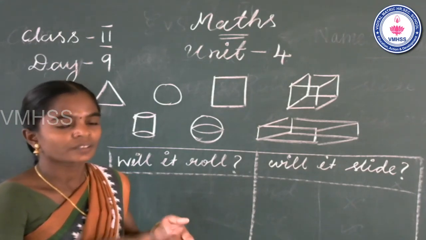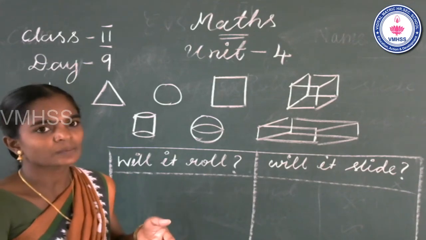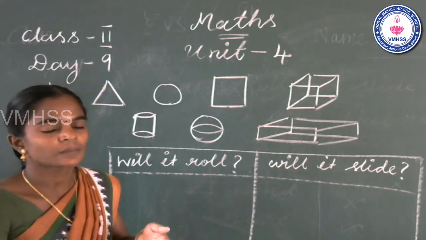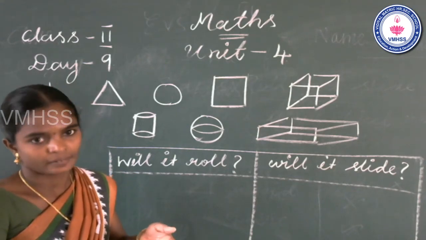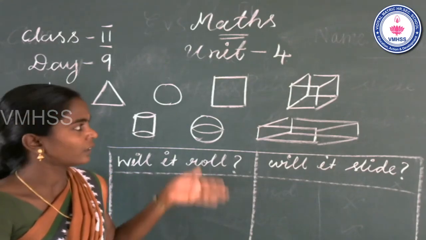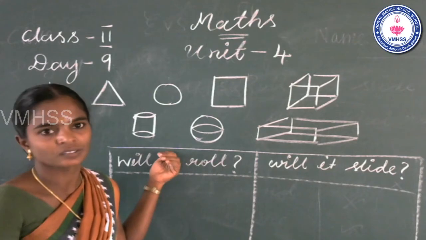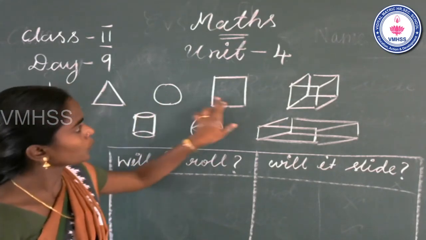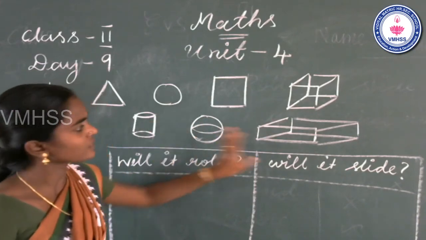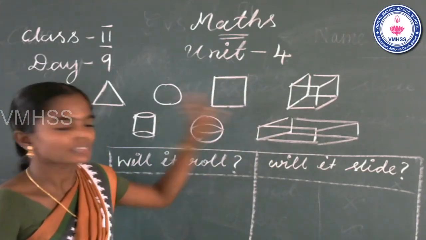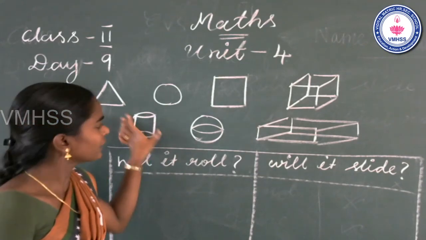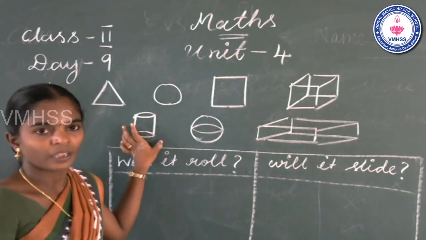Children listen here. 2D shapes are also called flat shapes. 3D shapes are also called solid shapes. Students listen. 1, 2, 3, 4, 5, 6, 7. So there are 7 shapes given. First we find the roll shapes.